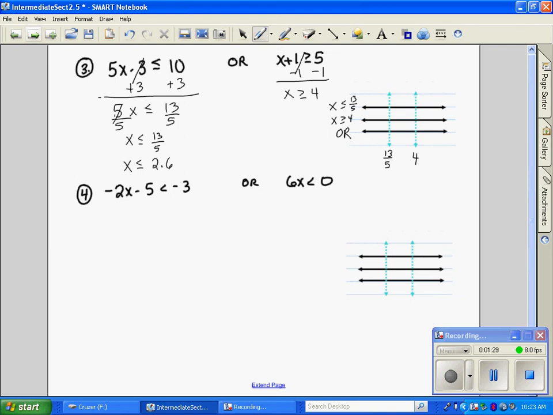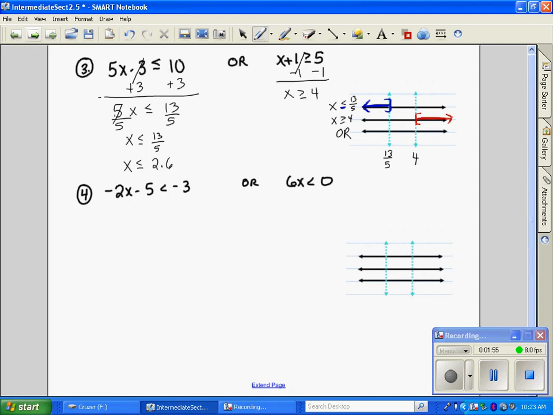So x is less than or equal to 13/5. This is now a bracket. We recall bracket is because of this equal to symbol right there, and it's less than, so we shade to the left. x is greater than or equal to 4 is going to be a bracket on the 4, and it's greater than, so we shade to the right.